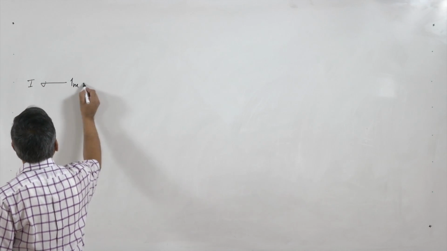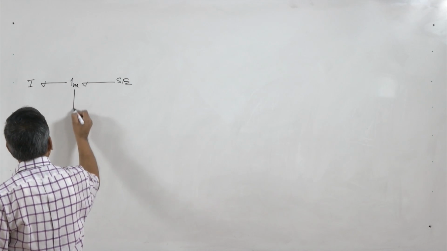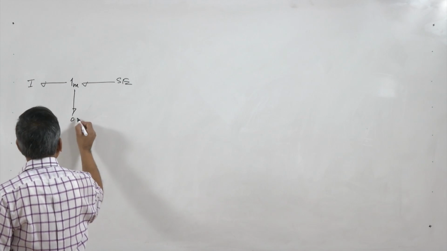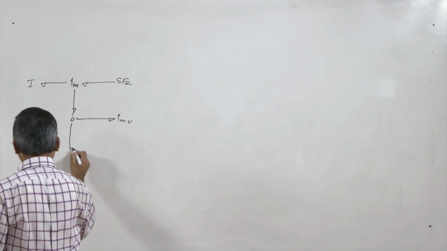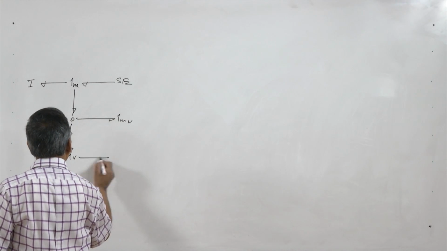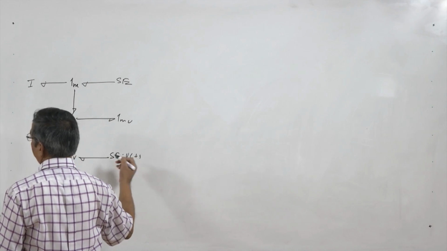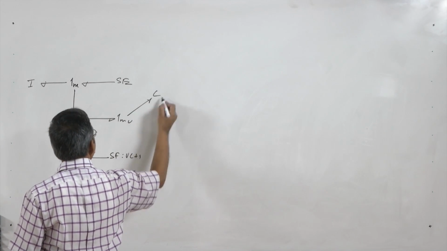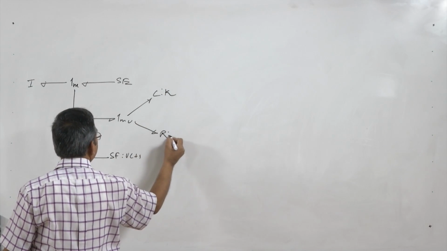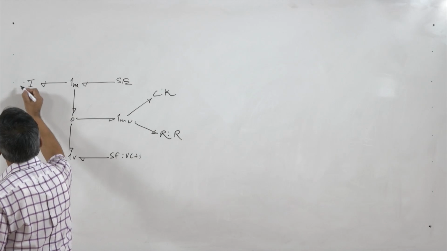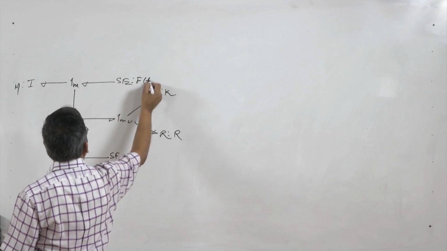This is my I, this is my SE, I have a zero junction here, then one junction ports here, and here I have SF is V(t), and I attach a C and R element here. This represents a spring, this represents a damper, and this represents our mass, and this is my F(t).